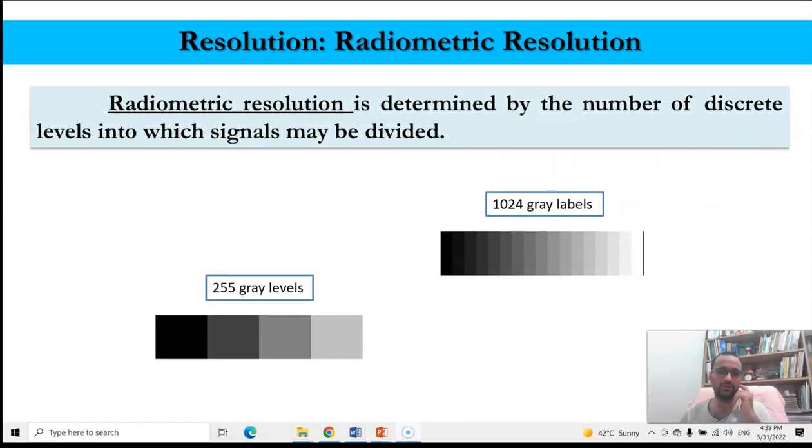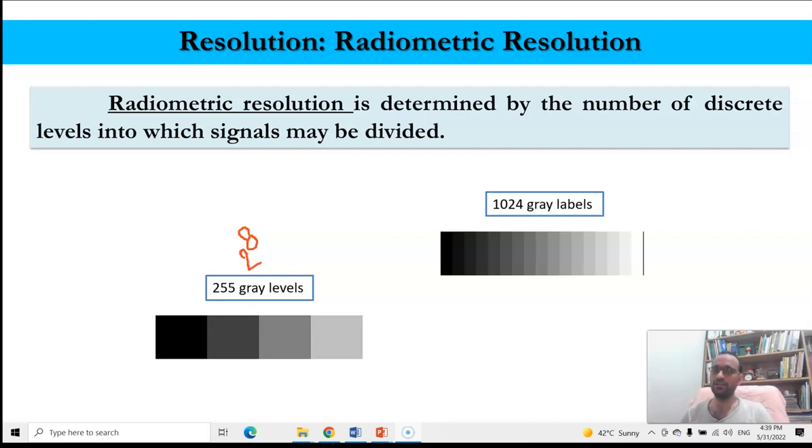Okay, so this is 255 grayscale levels. So we have to keep power 8, meaning 8-bit data. If you increase to 10-bit data or 16-bit data, or 32-bit data, it means we have more shades of one color only. So more bits means more radiometric resolution.